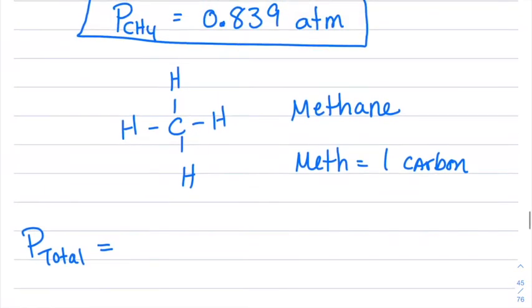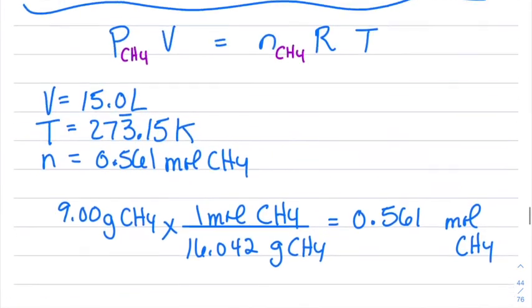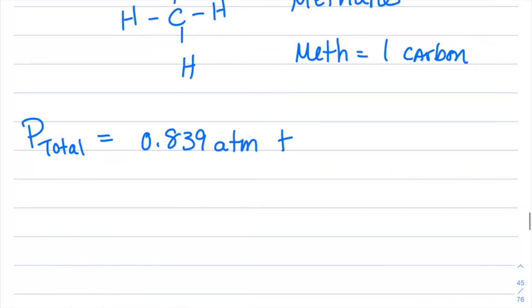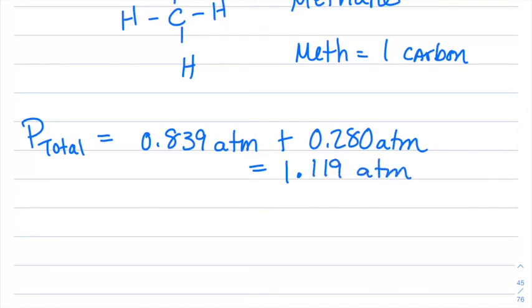So we have 0.839 ATM coming from our methane, and we have 0.280 coming from the pressure of oxygen. If we add these up, it looks like our total pressure is 1.119 ATM, and I'm following the sig fig rule for adding, which is digits after the decimal.